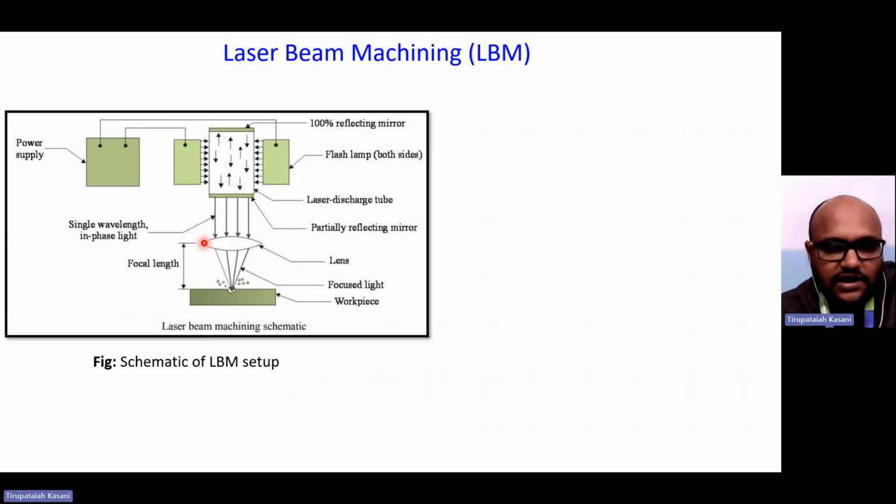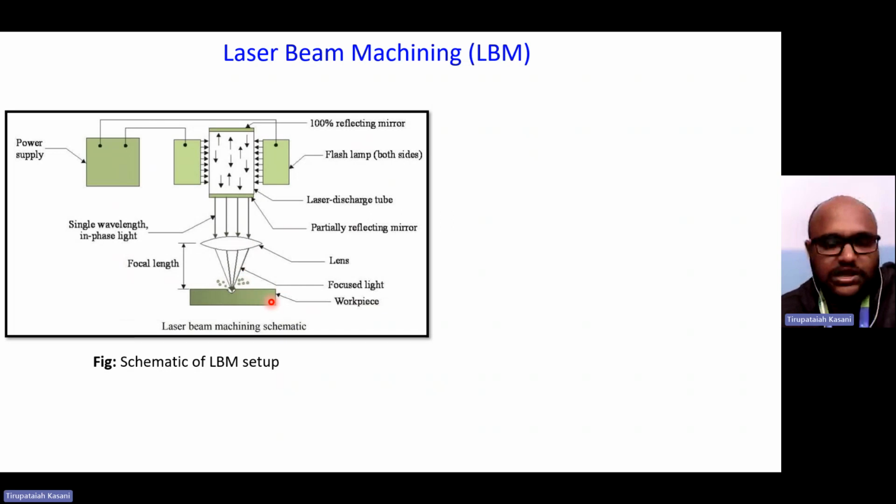The length between the focusing lens and the top side of the workpiece we can call the focal length. This helps in controlling the position where the laser beam falls over the top surface of the workpiece. See here, this is the focused light and this is the workpiece.